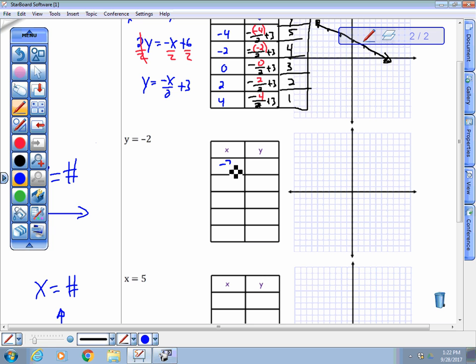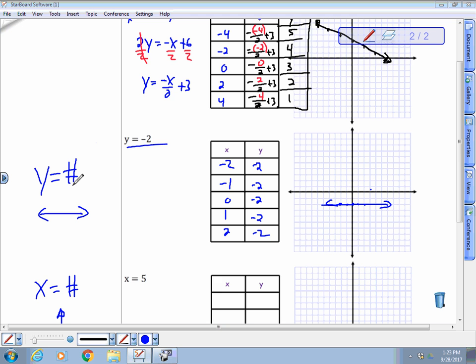This one you could think of it as negative 2, negative 1, 0, 1, 2, but you'll always get a negative 2 for the y value. The reason why is because that's what y equals, negative 2. And if you graphed it, you'll go down 2 at every x value, and you'll have a horizontal line. And that's actually one of them. Y equals a number, it will be a horizontal line.